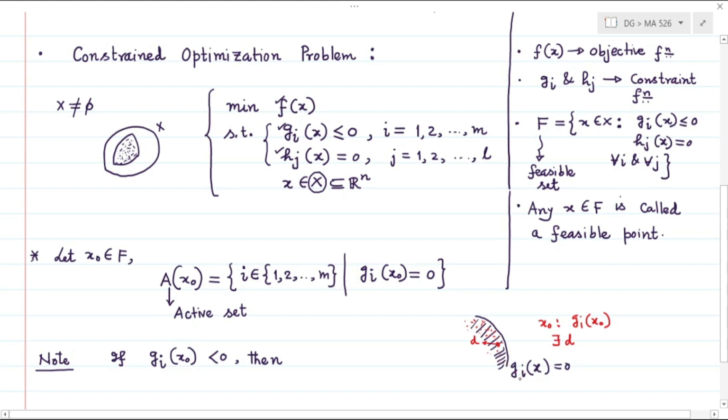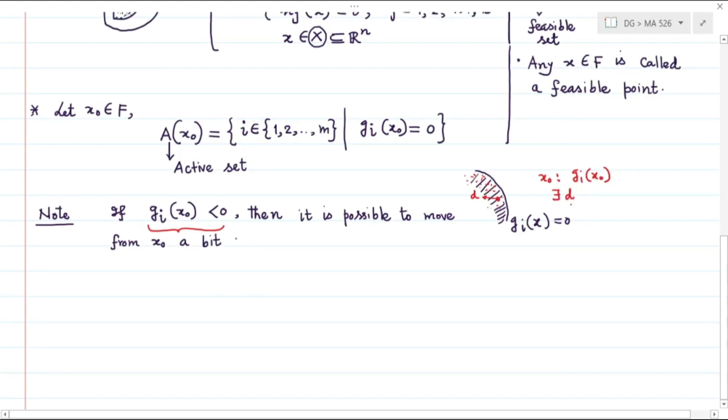If an index i is inactive, then there exists a direction d such that along the direction d you can move from the point x0, and still you will be satisfying the inequality g_i(x) less than 0. So it is possible to move from x0 at least a bit without violating g_i(x) less than 0. Fine.